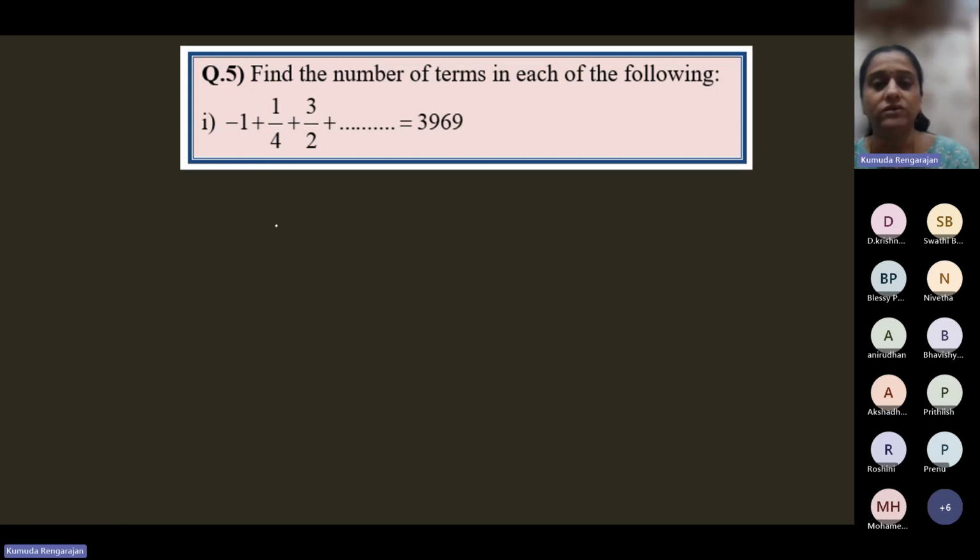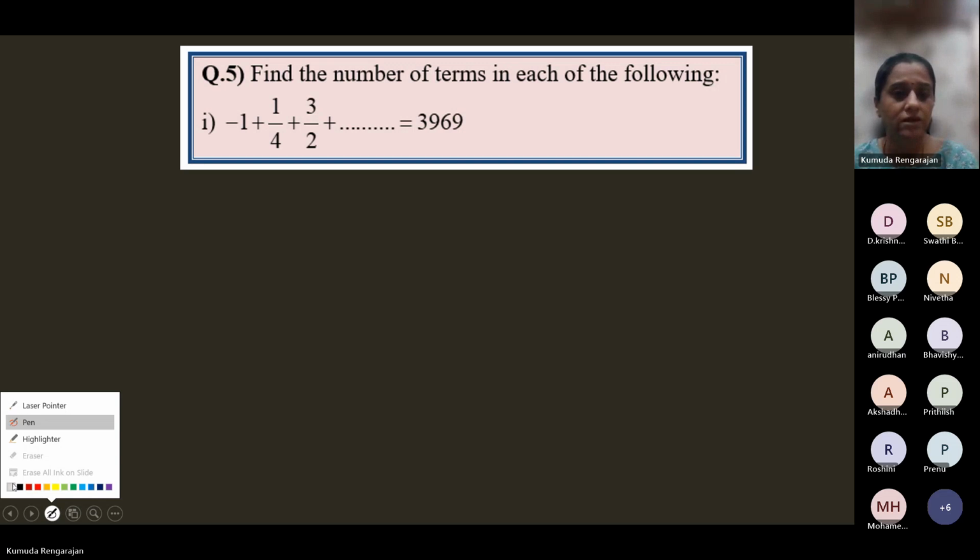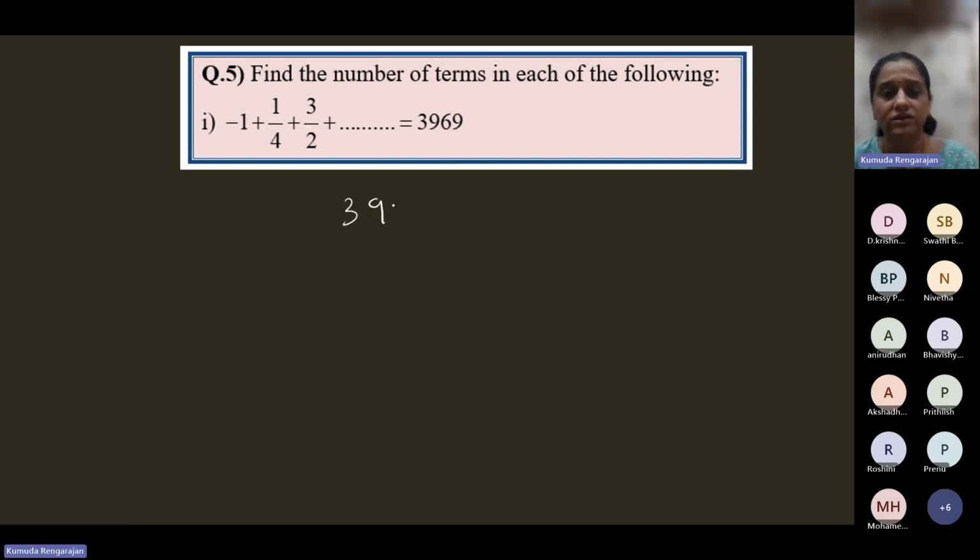Let's answer this question. Find the number of terms in each of the following. Here 3969 is not An. It's not a term at all of this AP.